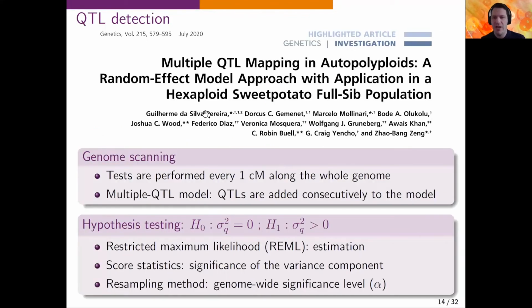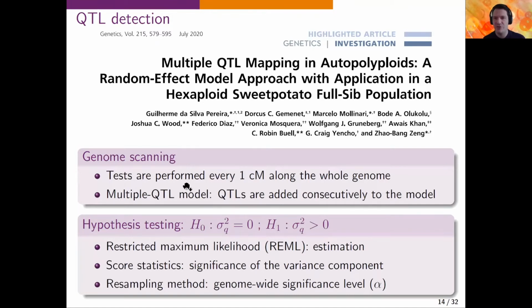So this model has been fully described in this publication in Genetics, along with details on the genome scanning, the hypothesis testing, and a model selection algorithm. In general, we look for a QTL every centimorgan along the genetic map, and we add a QTL to the model one at a time, right? So we can test the next QTL conditional on these other QTL already in the model.